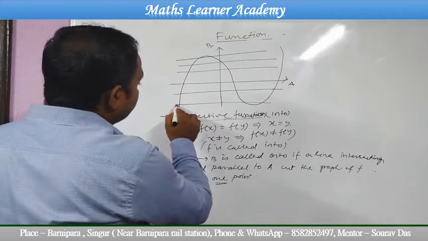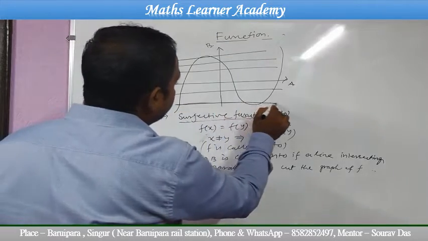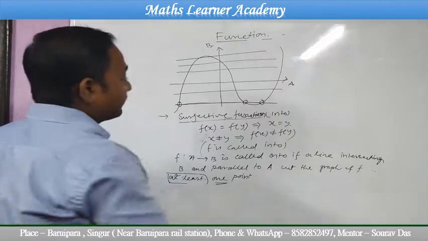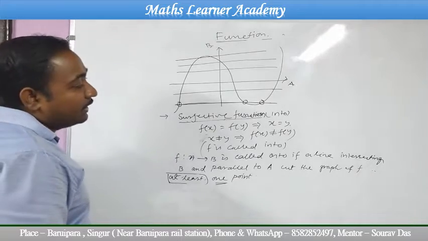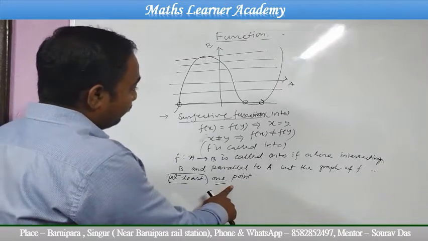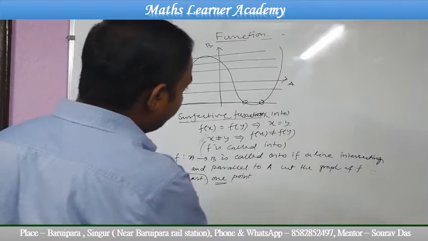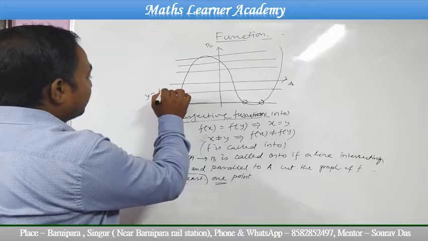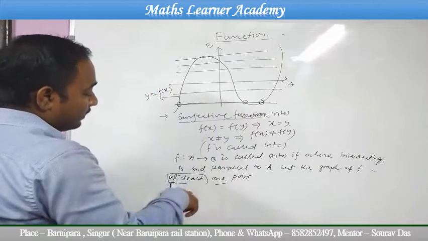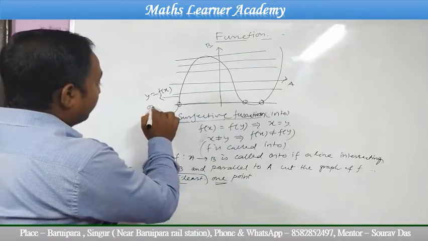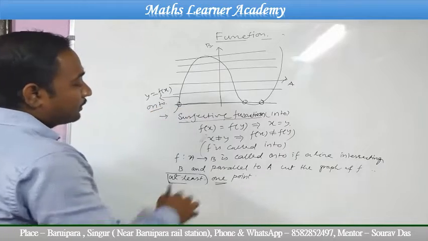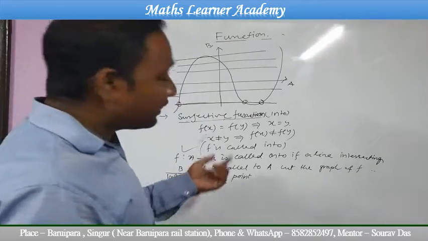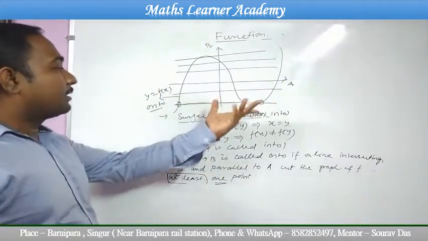Now this line intersects the graph at 3 points. So here it needs at least 1 point. So here I am taking an unknown function y equals f of x, an unknown function like this. So this function will be an onto function, right? This is an onto function according to the definition, because it needs just at least 1 point, so 3 points is fine.